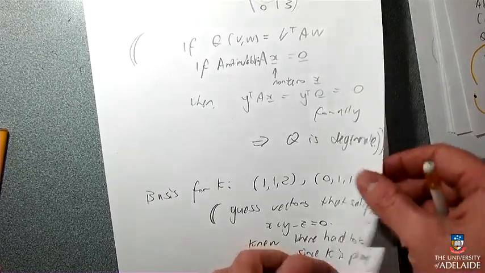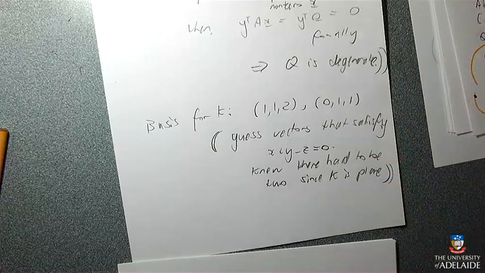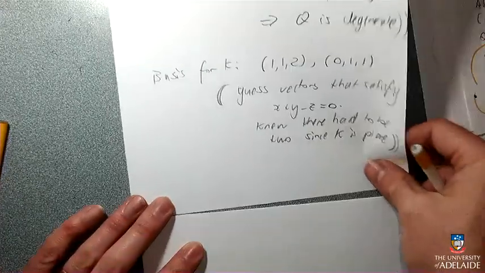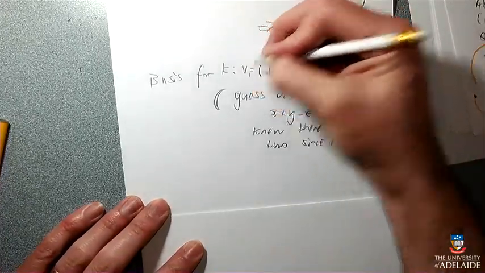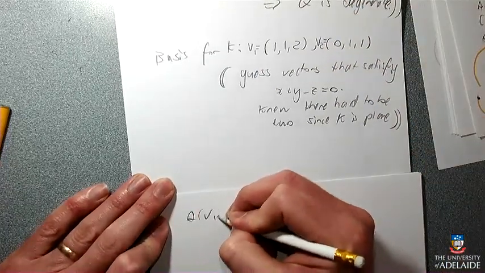Okay, and I just need to check if Q of those is 0. Which it won't be because all the things in Q are positive, so they should just get bigger, but I'm just going to check. Let us call this V1 and V2. So let's see, Q of V1 and V1.